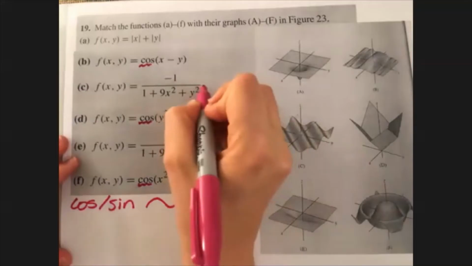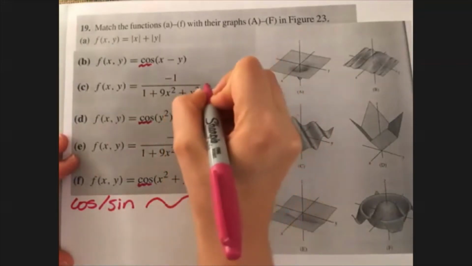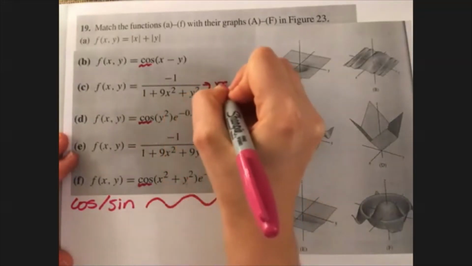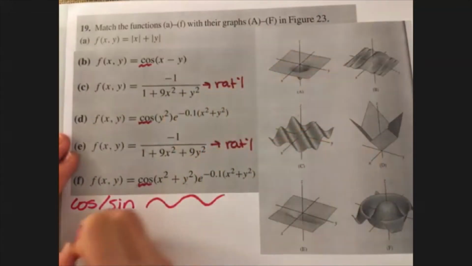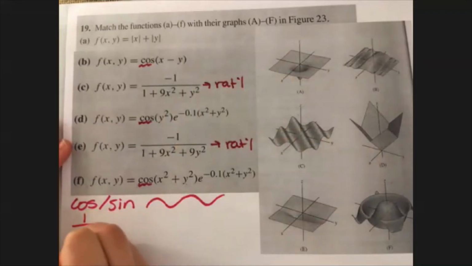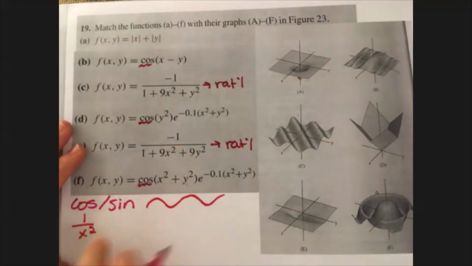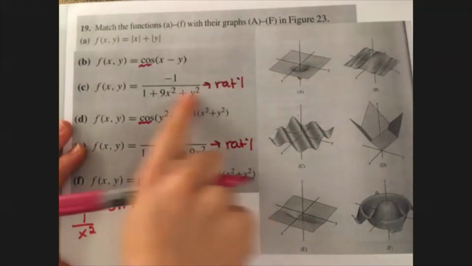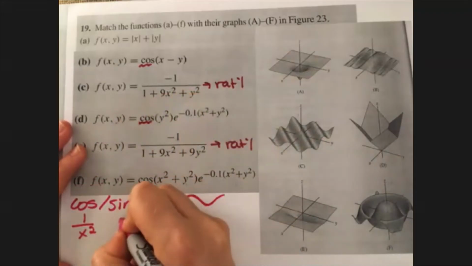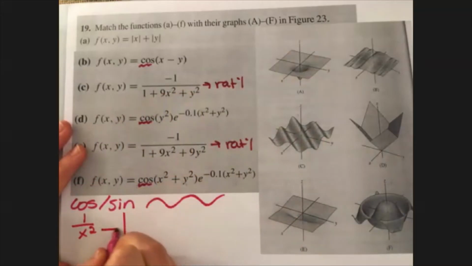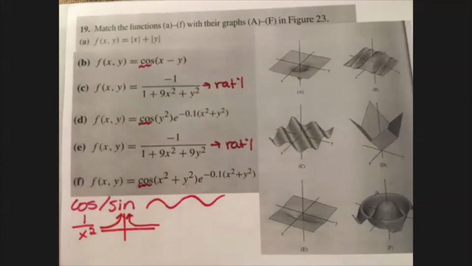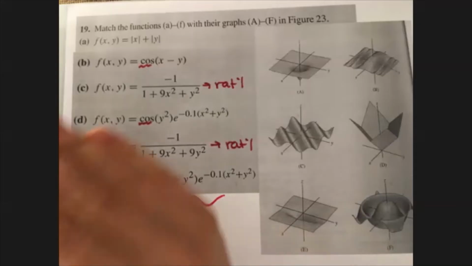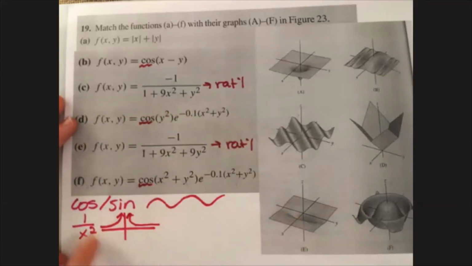So these guys are rational functions. A rational function, something like 1 over x, or maybe even 1 over x squared might be a better example, typically looks something a little bit like this, where it's flat almost everywhere, but then it comes to a point somewhere around 0, where you divide by 0 and wind up with a point out of it.